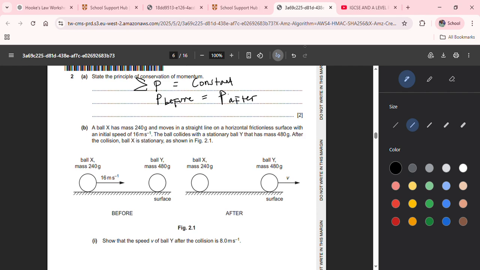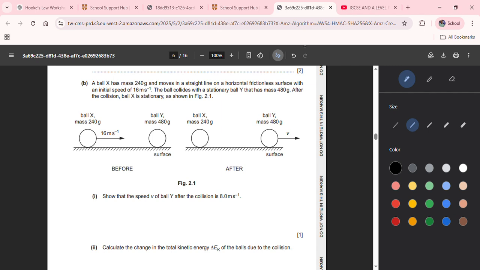Show that the speed v of ball Y after the collision is 8 meter per second. So we're going to find the answer.